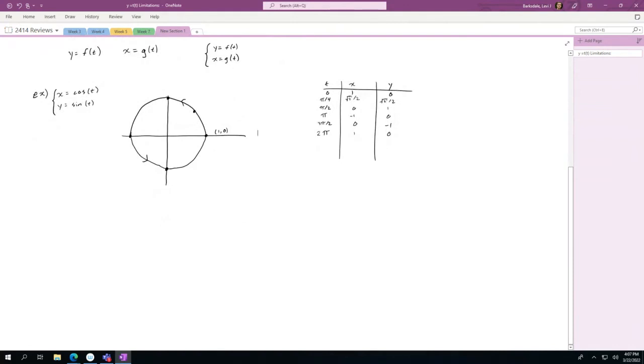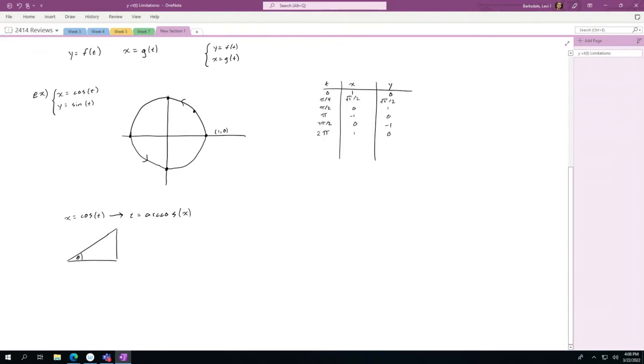We can also turn this back into a Cartesian equation. Because I know that x is equal to the cosine of t and y is equal to the sine of t, I can say that t is equal to the inverse cosine of x. Now using this, I can make my handy dandy triangle.